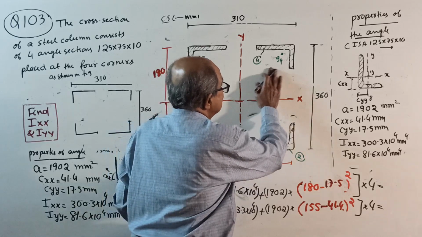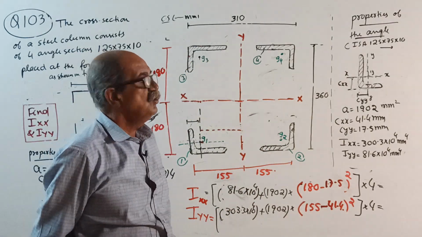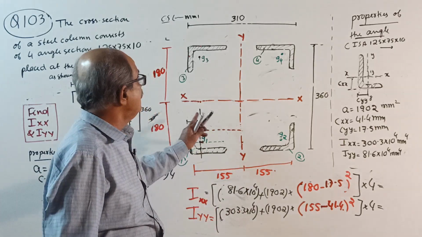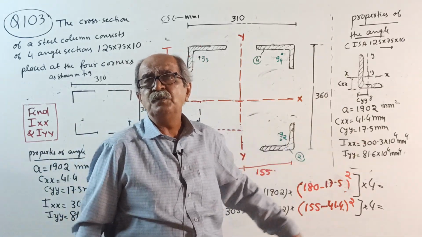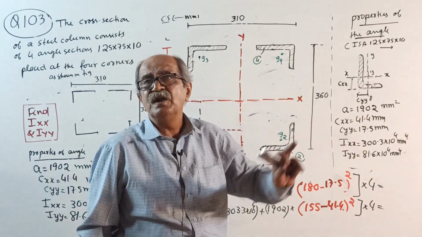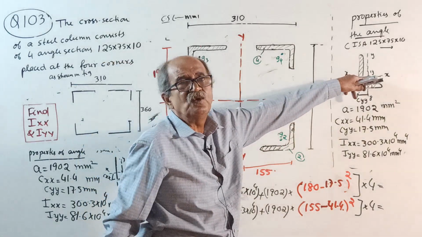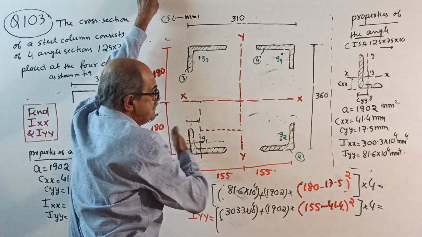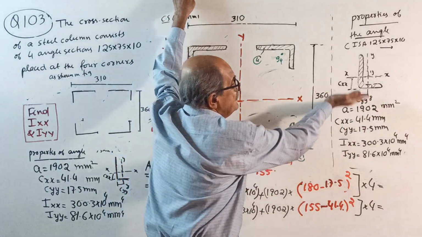So make a note: whenever the placing of a rolled section is as per the property sketch, if the orientation is the same, then when you do IXX, it is that XX only. When you do IYY, it is that YY. When you want this distance, it is this distance only.